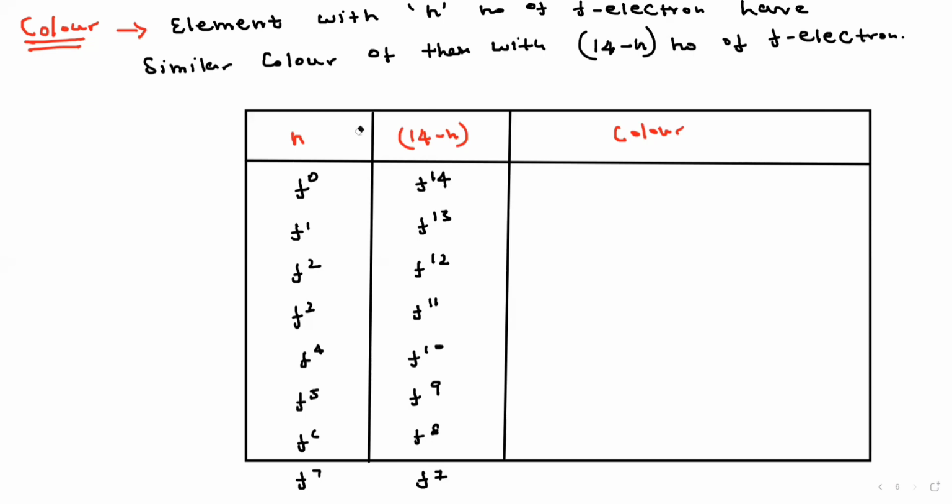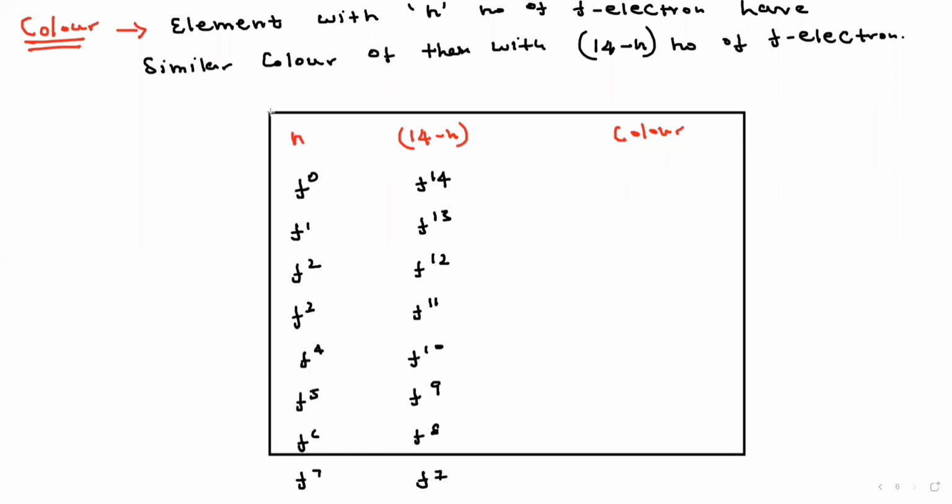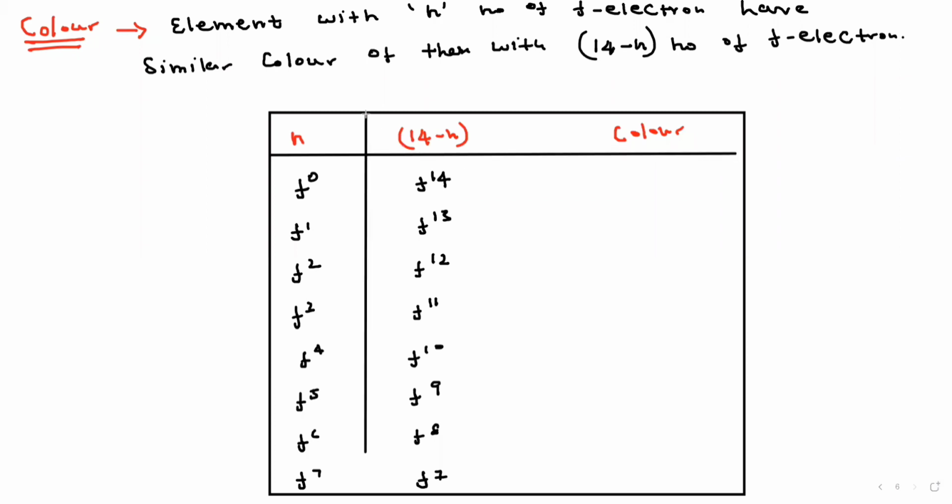Just wait, I'll make the box again. Simple thing, right? Now understand the difference. What does the statement say? The fn and f14 minus n configurations have the same color.